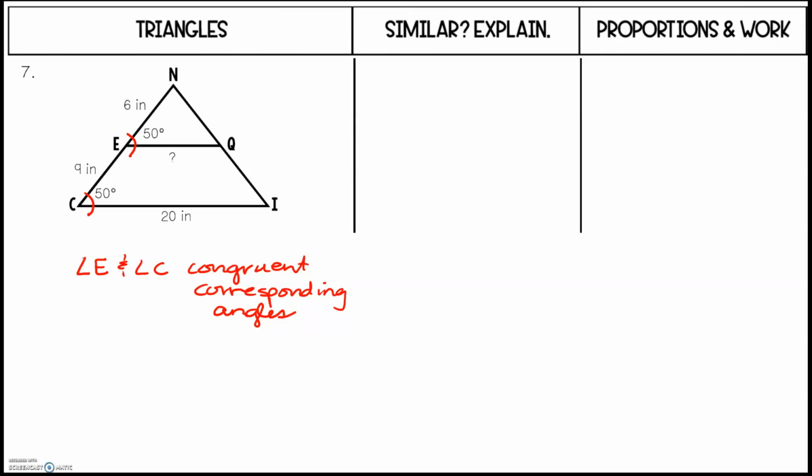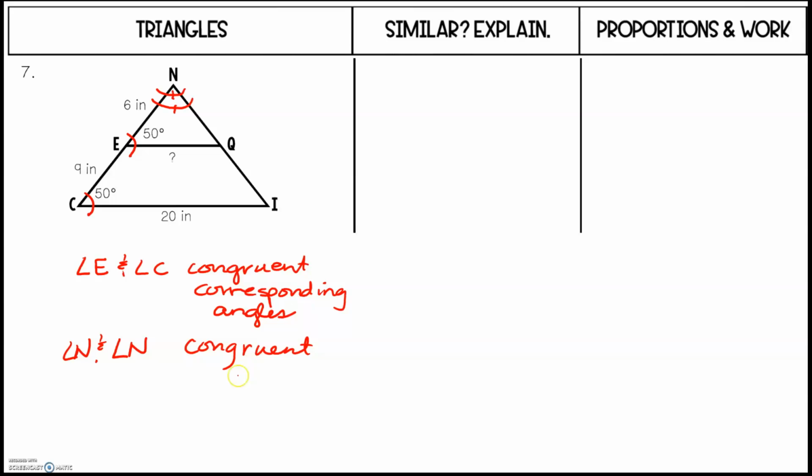And then they both share this angle N. They both have that at the top, okay? So then angle N is our second set of congruent angles. It's like angle N and angle N. Okay, same part of different figure.